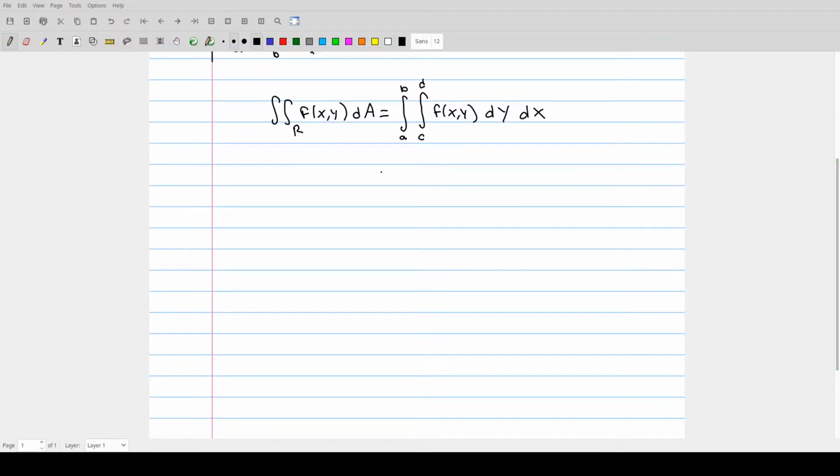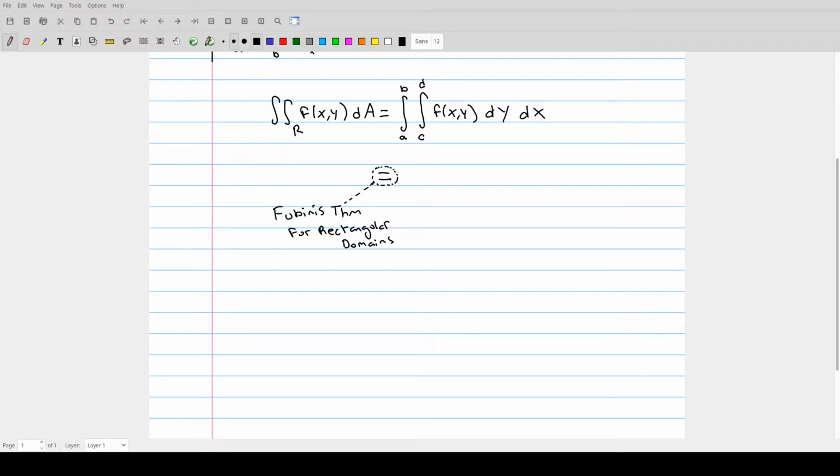Now, Fubini's Theorem for a rectangular domain is very nice and relatively simple. What it says is that this equality right here is due to Fubini's Theorem for rectangular domains. It says that the order of integration doesn't matter.